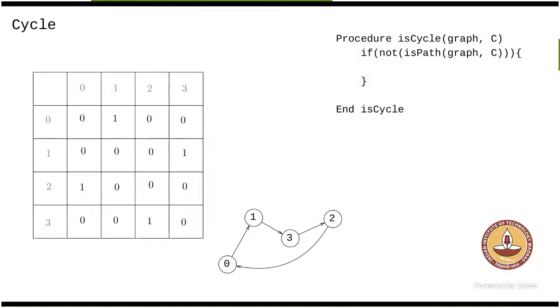Right. So if the C is not even a path, then return false. Hopeless, right? So you return false. If it is a path, then what do you do? Return true? What if it is 0, 1, 3? It's a path, right? Yeah.